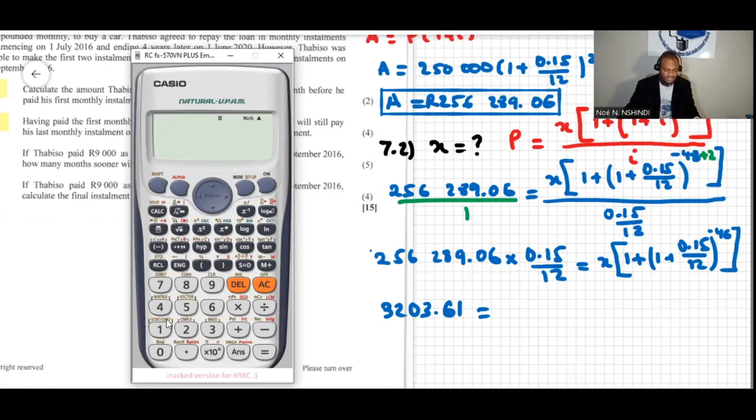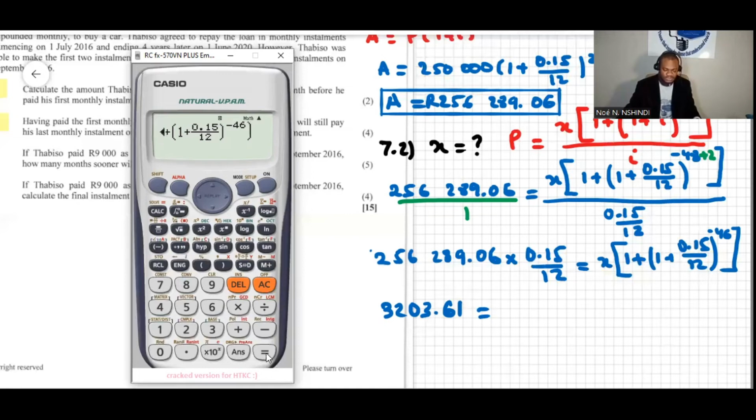This will be 1 minus, open brackets, 1 plus 0.15 over 12, to the power of negative 46.